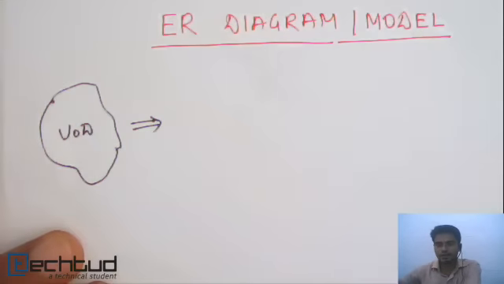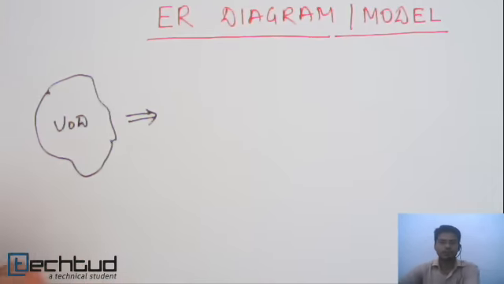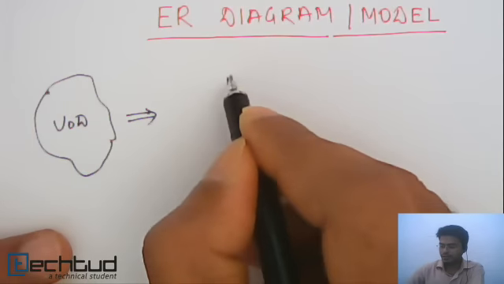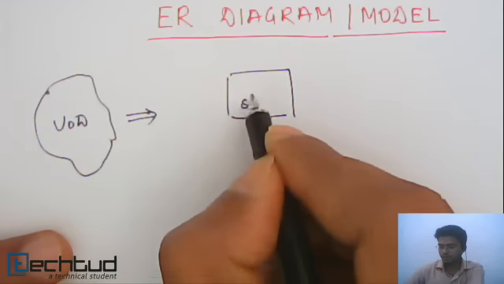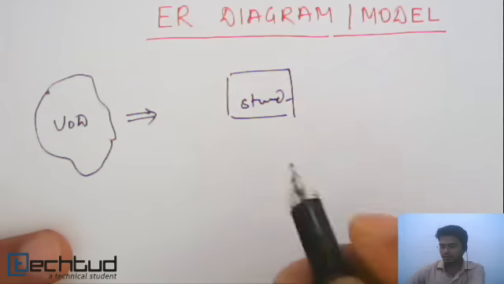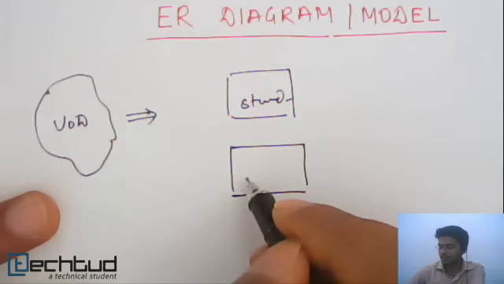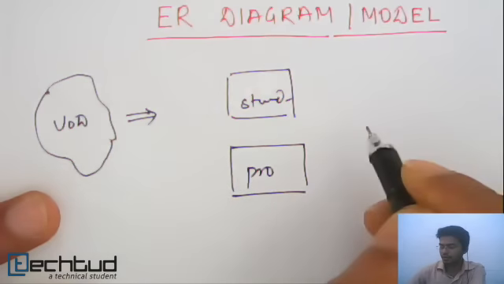Consider the famous example which has been given in almost all of the books: a department offering some course to students which will be handled by some professors. So if you consider this a student entity, similarly you try to find out another entity, which is professor.